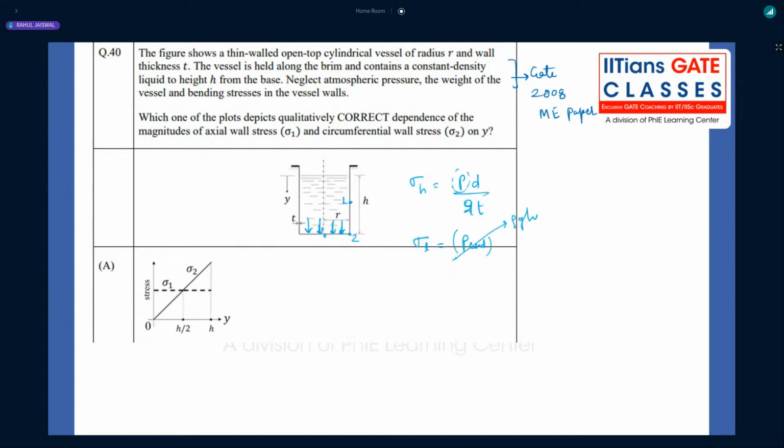It will not vary with respect to the height, because suppose we want to calculate at point number one, what is the longitudinal stress at point number one? Again, the formula will be rho g h D divided by 4t only. If you want to calculate the longitudinal stress at point 2, once again rho g h D divided by 4t. Will any changes be there? No.